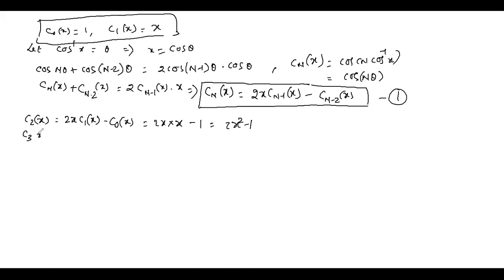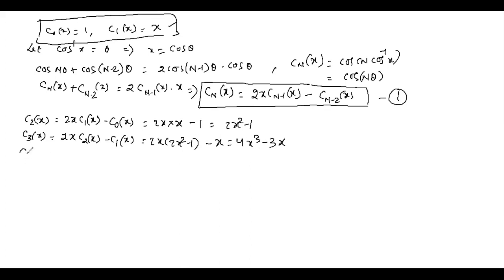Similarly, C3(x) = 2x C2(x) − C1(x). Yes or not? Simple. Put n equals 3 in equation 1. It is 2x(2x² − 1) − x, which is 4x³ − 2x − x = 4x³ − 3x.